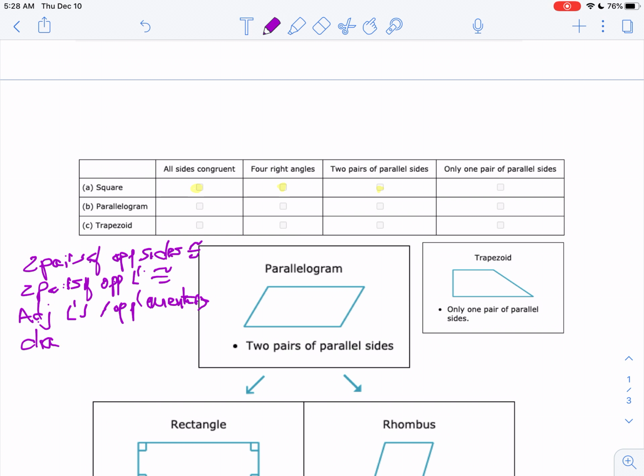We know all of that about a parallelogram. Which means this is true for a rectangle, rhombus, and a square because they're all parallelograms.